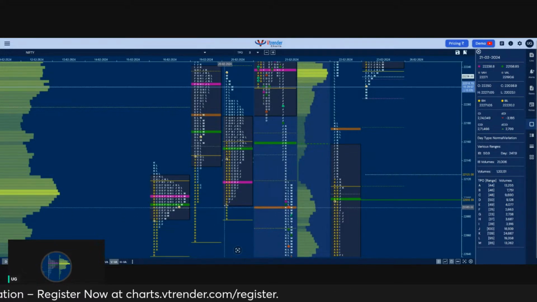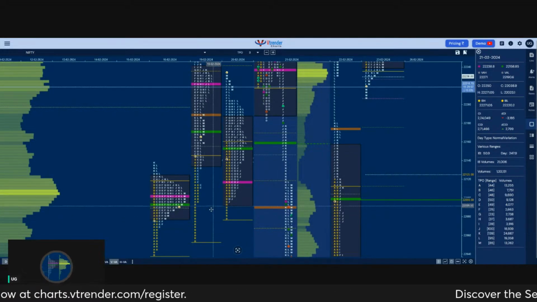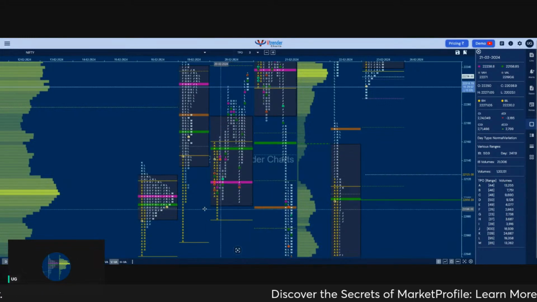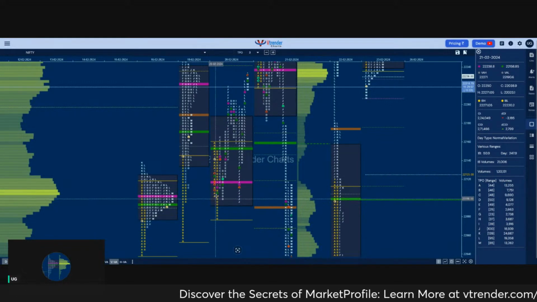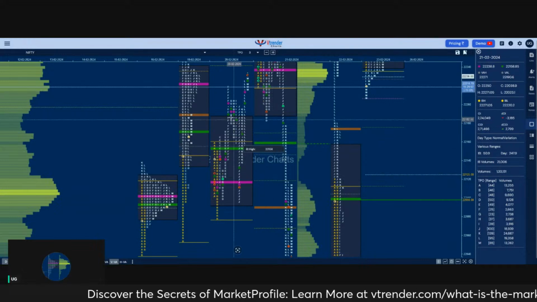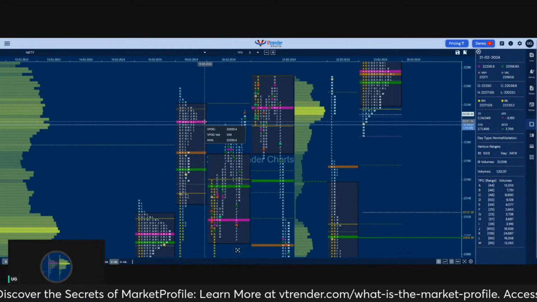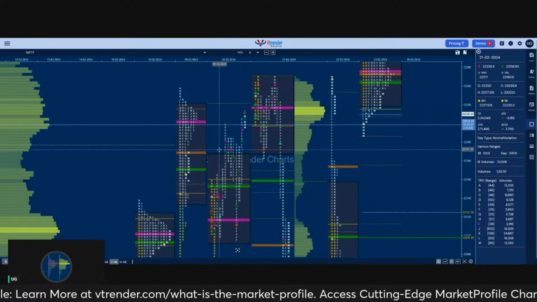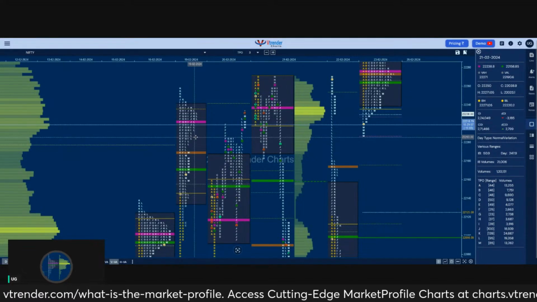So when this B period defended the previous day's buying tail, again, we were biased on the upside, but this went on to hit this POC and stalled right there. So it was again an indication that we are forming a balance.